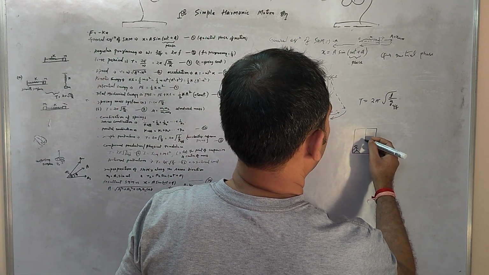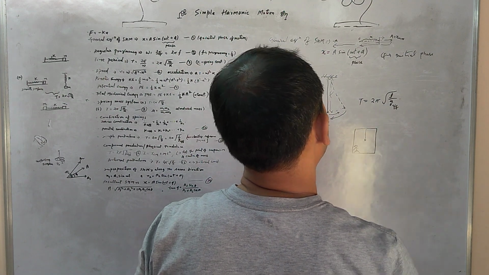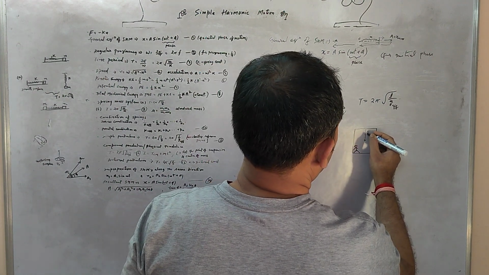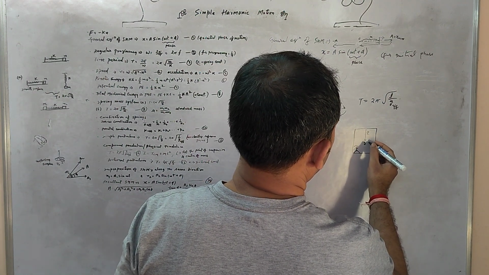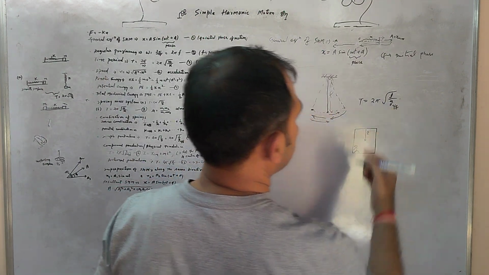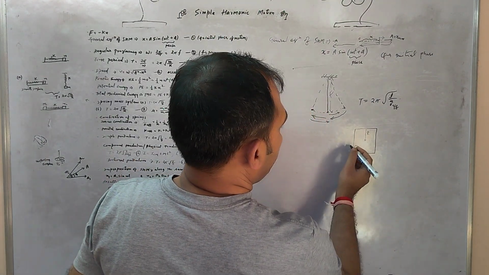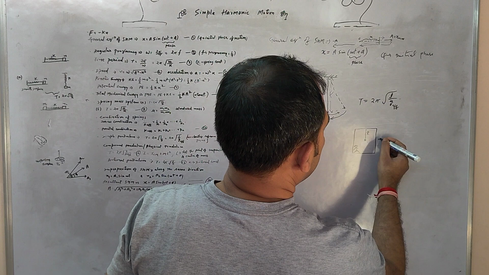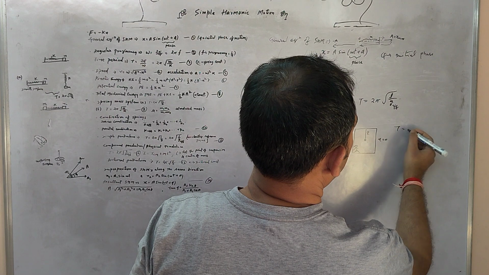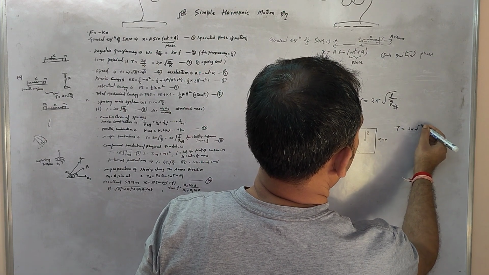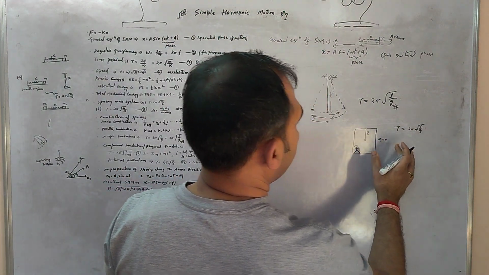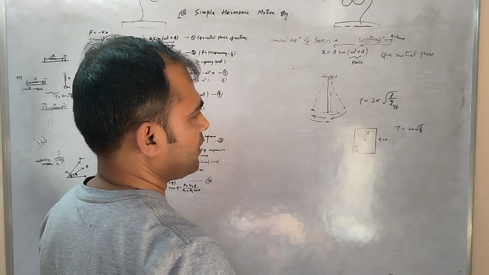This is the pendulum. This is L, and here you have to find g effective, as T will be equal to this with g effective. So if the acceleration of the elevator is 0, then T will be equal to 2 pi root L by g, as g effective will be equal to the acceleration due to gravity.